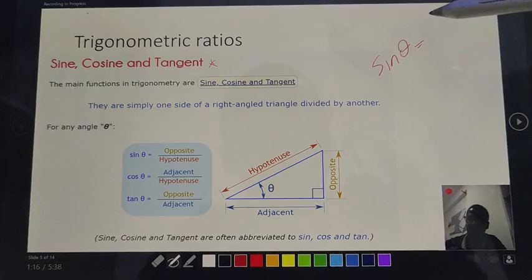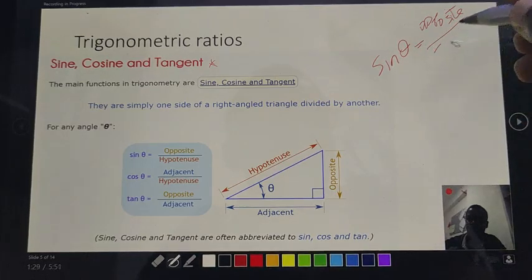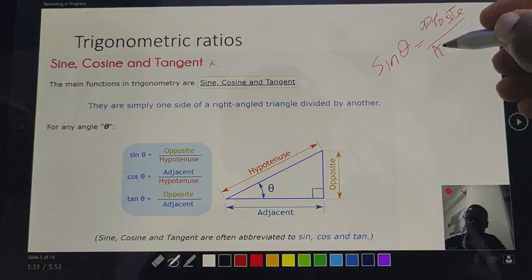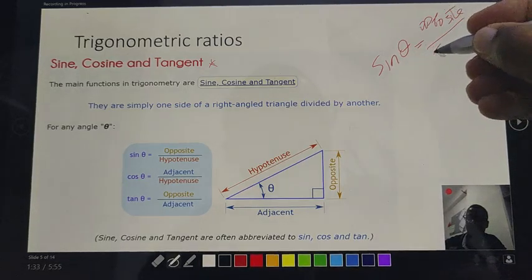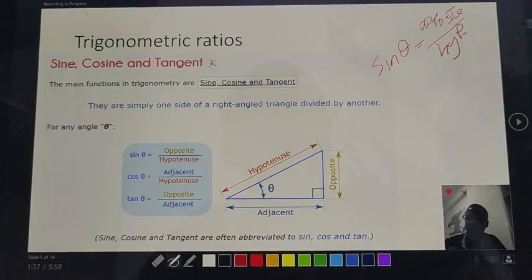If you say opposite over hypotenuse, it will give you sine theta.